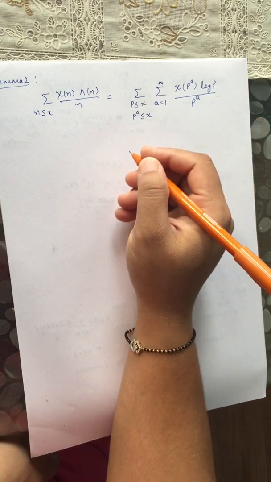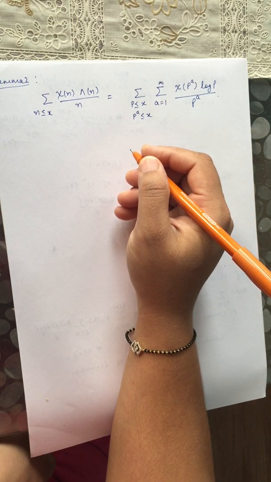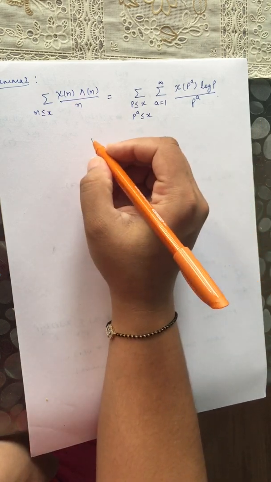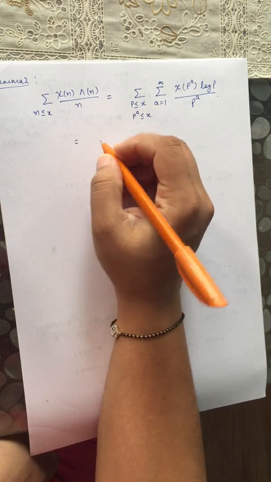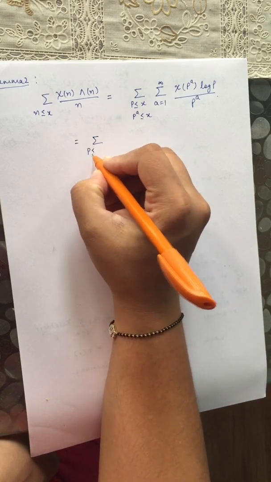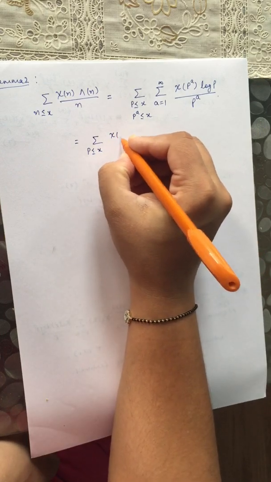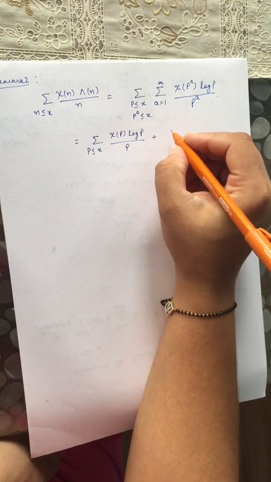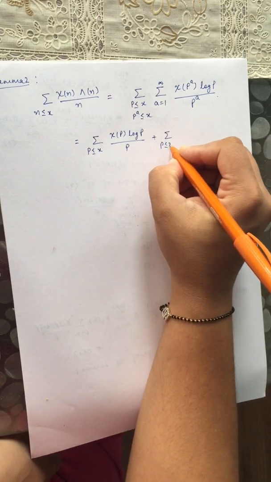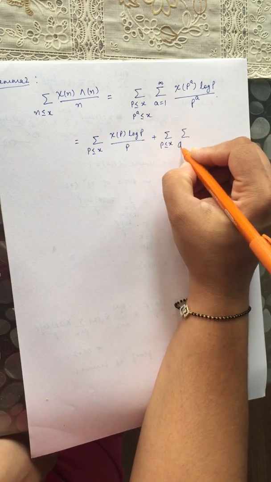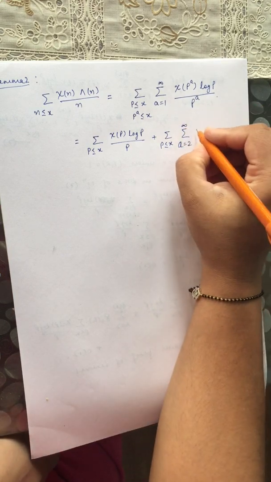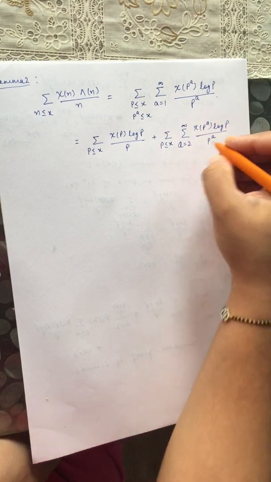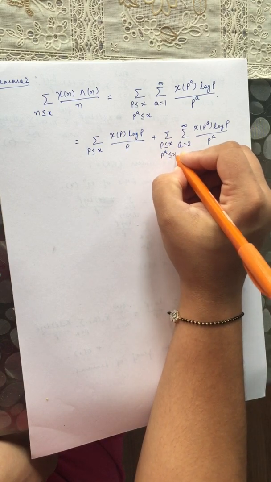in this summation we will separate the term corresponding to a equal to 1. So it will be the summation over p less than or equal to x of chi(p) log p upon p, plus the summation a varying from 2 to infinity of chi of p raised to a log p upon p raised to a, and of course p raised to a is less than or equal to x.